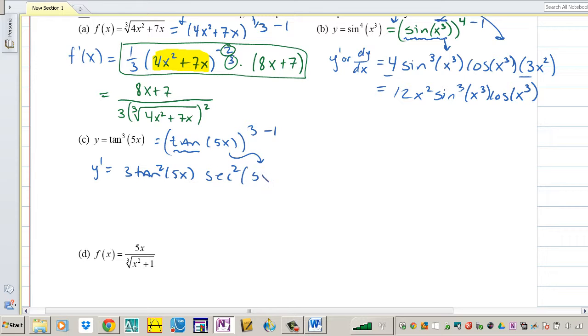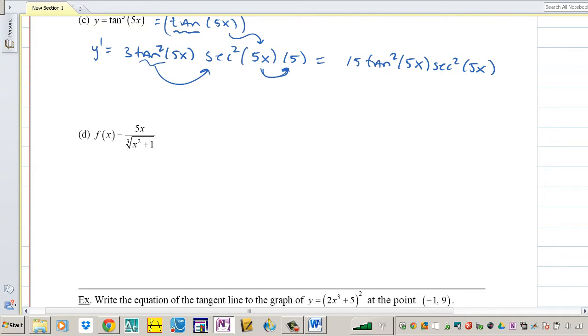Keep the angle. Now take the derivative of the angle. There it is. There's my chain rule. So this became this and that became that. It's like a chain, right? So it's 15 tangent squared 5x secant squared 5x.